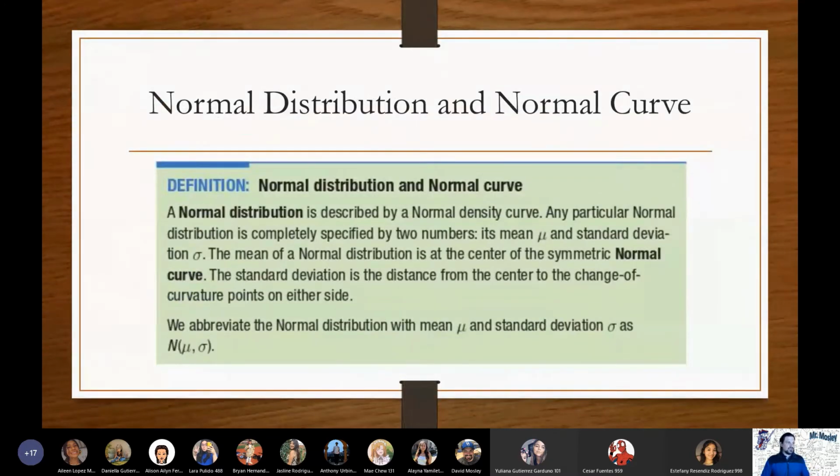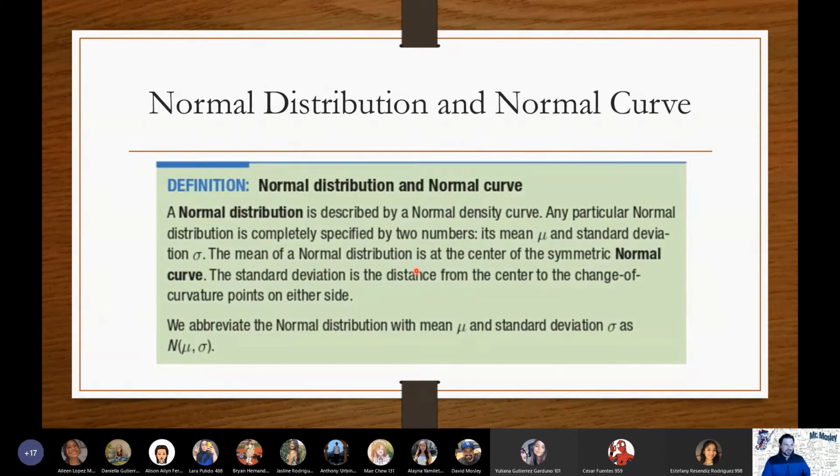All right, so here's our formal definition about the normal distribution and normal curve from the text. A normal distribution is described by a normal density curve. Any particular normal distribution is completely specified by two numbers, its mean, mu, and standard deviation, sigma.